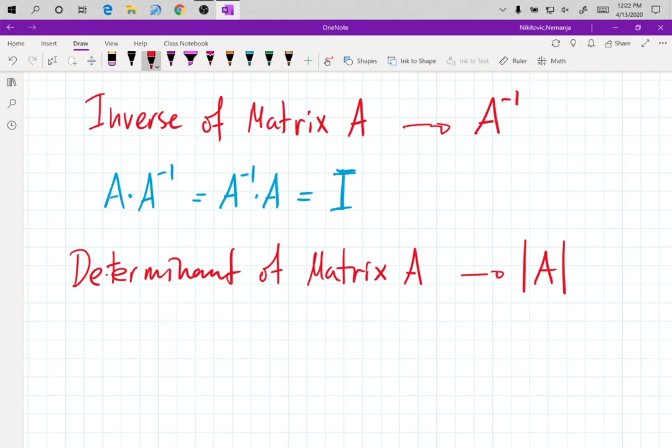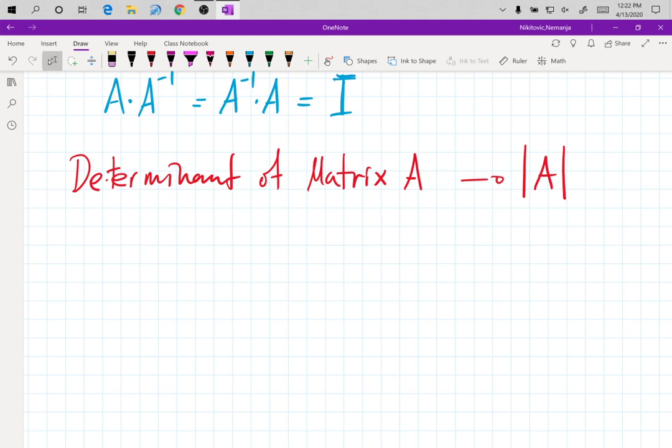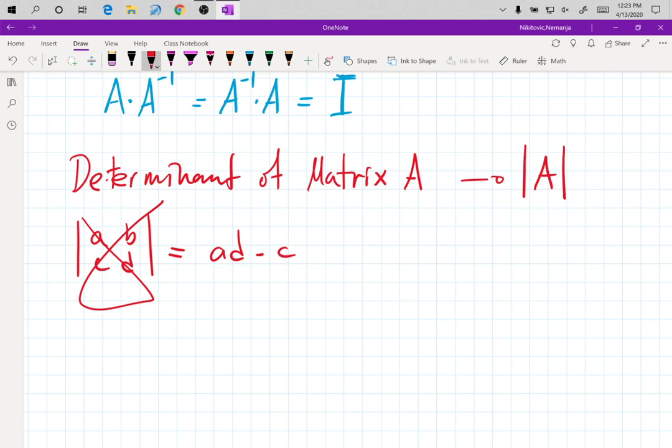absolute value of A, and we know what that means when you solve 2 by 2, 3 by 3, 4 by 4 cases, because we have seen them throughout mathematics already. Remember that thing? So determinant of matrix when it's 2 by 2 is AD minus CB, or BC, whatever.